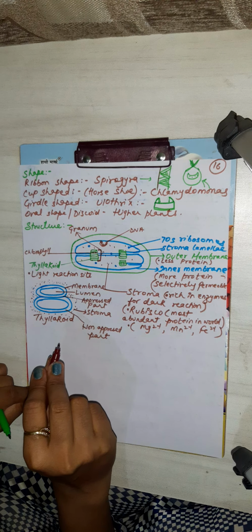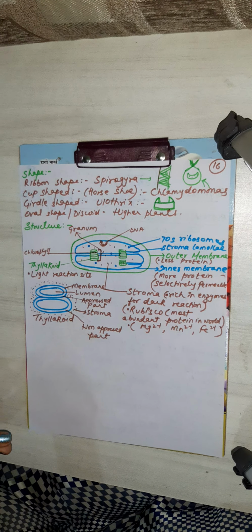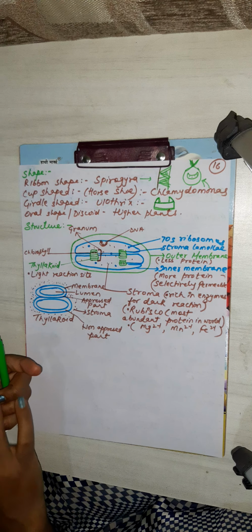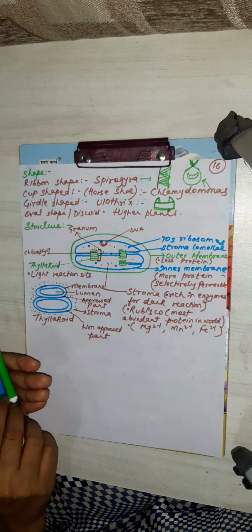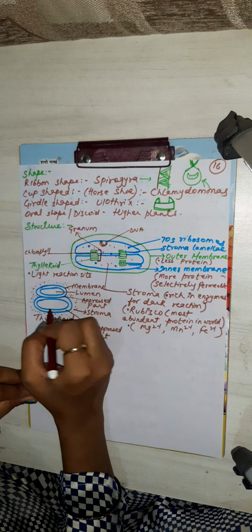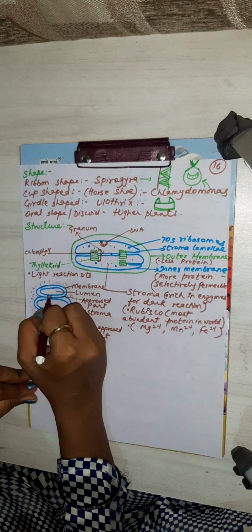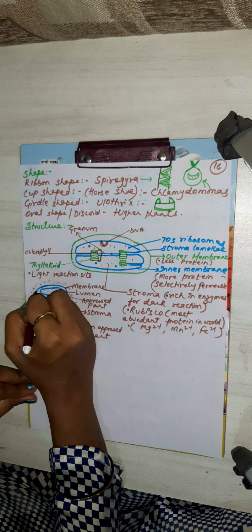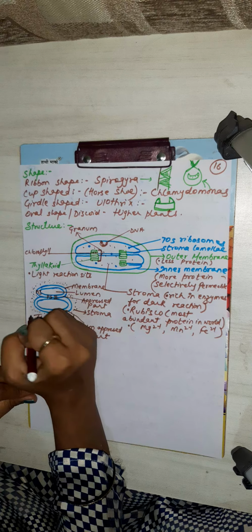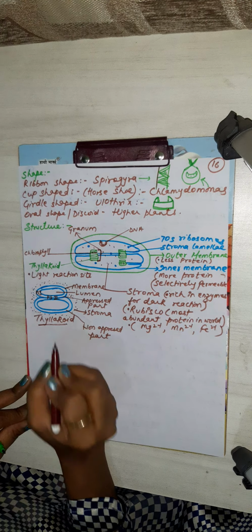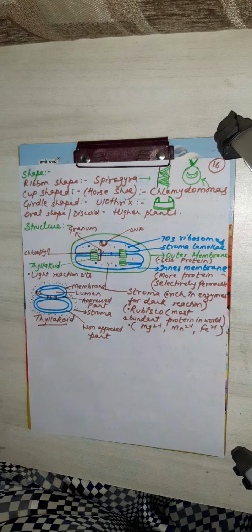In appressed part, photosystem second is present here. Okay, let me write PS, photosystem second is here, and photosystem 1 is here. So this is the structure of thylakoid.